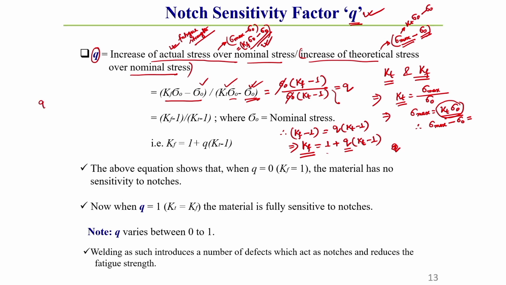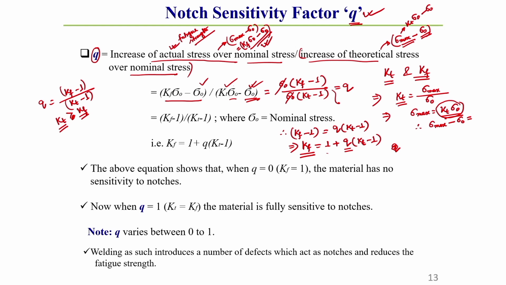So, what we got is Q equal to Kf minus 1 divided by Kt minus 1, correct. From this equation I have also told you that Kt is generally always greater than or equal to Kf. That means the Kt value is more than the Kf value if there is a notch type of defect in your specimen.